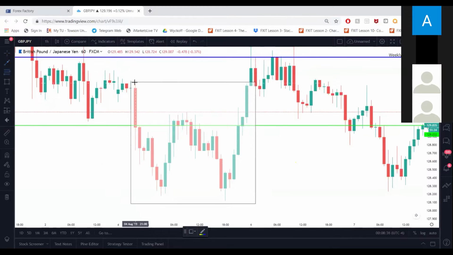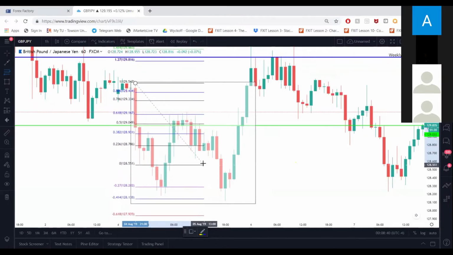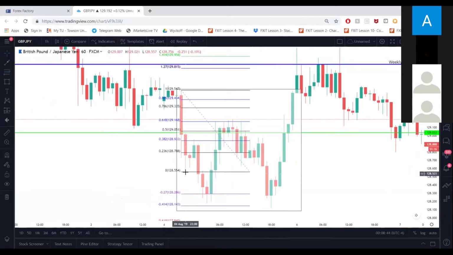You draw from the swing high to swing low. This is where it ended, because that is where this bearish impulse has stopped. And now we're getting the retrace. Look at 38.2. What did we mention earlier about the 38.2 retrace?